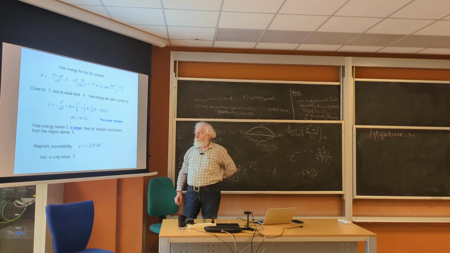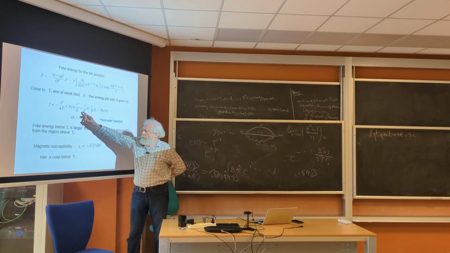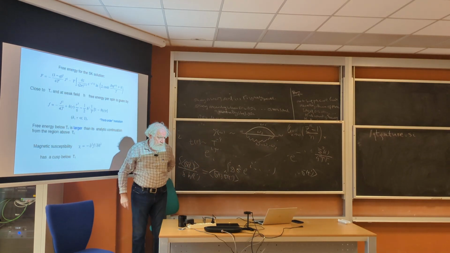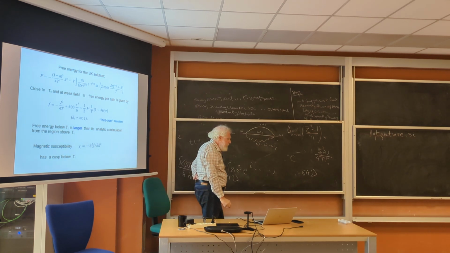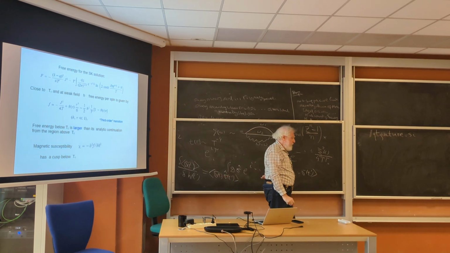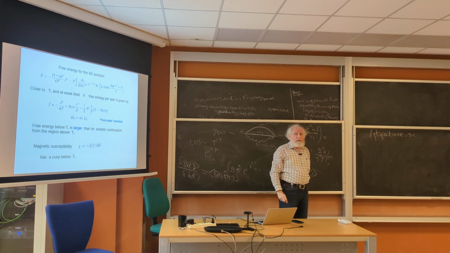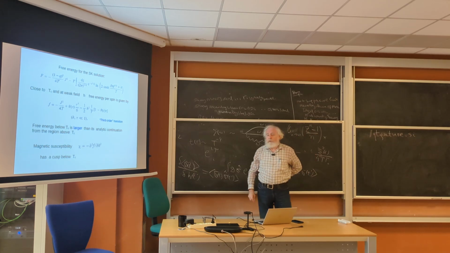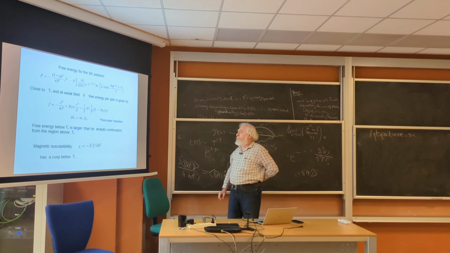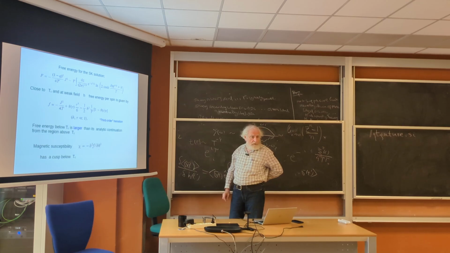So this term appears below Tc. So it is not a second order transition, but it could be called a third order transition because the third derivative of free energy has a singularity. And again, free energy below Tc is larger than the trivial solution, as I already mentioned before.